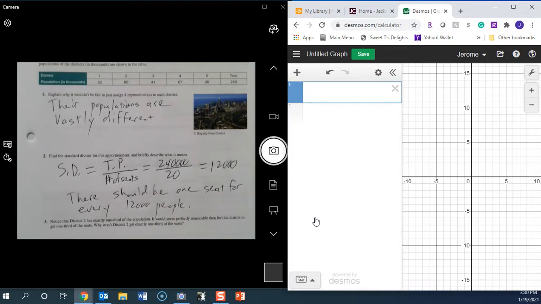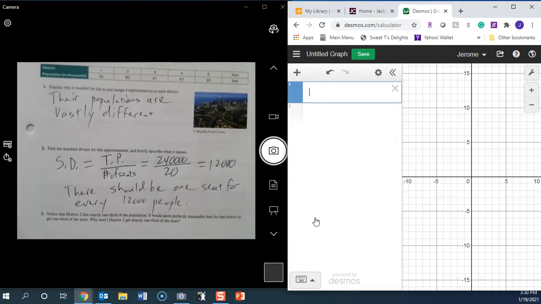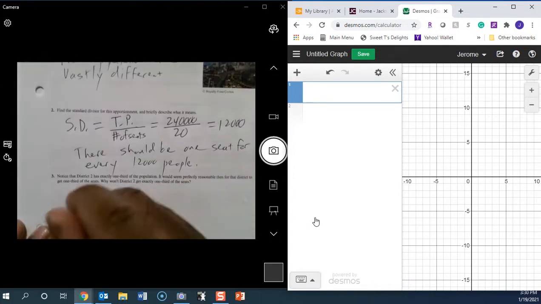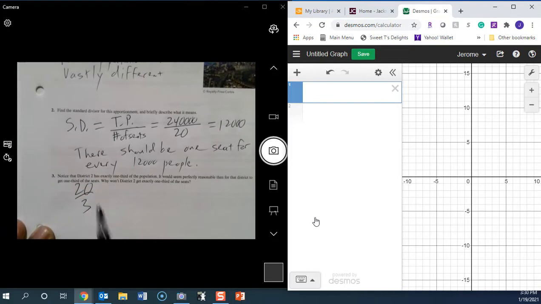Now number 3, it says notice that District 2 has exactly 1/3 of the population. It would seem perfectly reasonable then for the district to get 1/3 of the seats. Why won't District 2 get exactly 1/3 of the seats? And the reason being, and I will show this, you have to take 20 divided by 3, because this is the number of seats, and we said that they should get 1/3.